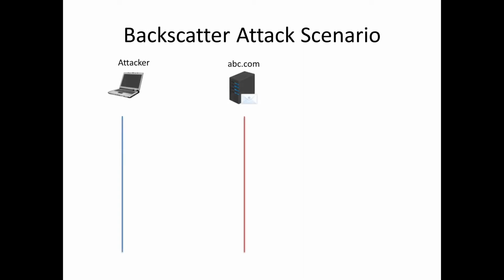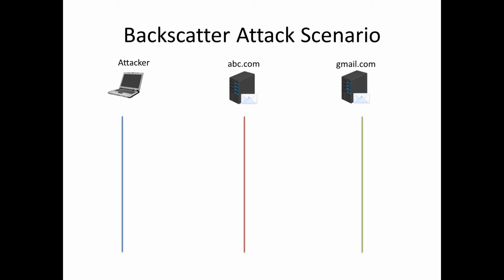Now that we already understand how NDR works, let's see how an attacker can do such attack scenarios. Given here an attacker and two MTA servers, let's say abc.com and gmail.com. By the way, I chose gmail.com because I've seen a lot of MTAs or SMTP servers blocked by Gmail because of a backscatter attack. Now let's say the target is abc.com, and for some reason the attacker has identified a way on how abc.com can send an NDR.